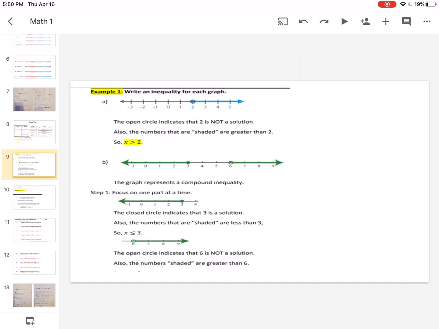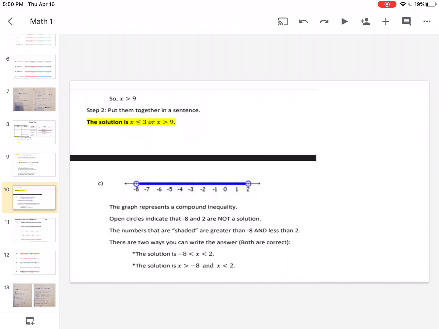So you're still looking at the one above. Now you're going to look at the open circle, 6, going to the bigger numbers. The open circle indicates that 6 is not a solution. Also, the numbers shaded are greater than 6. Did I skip that?